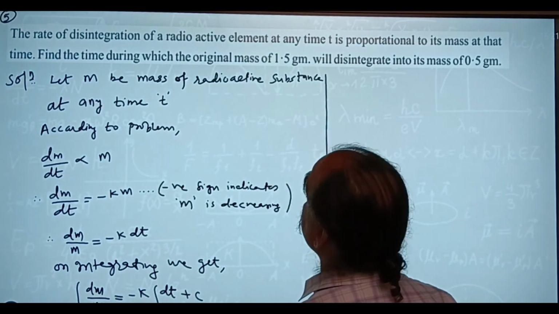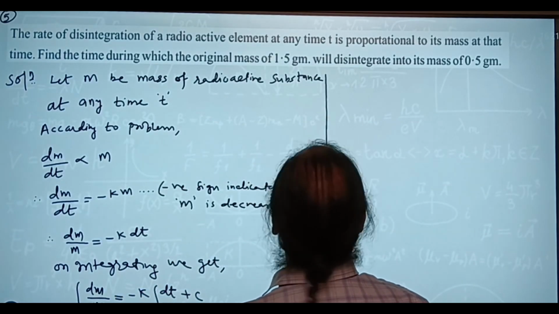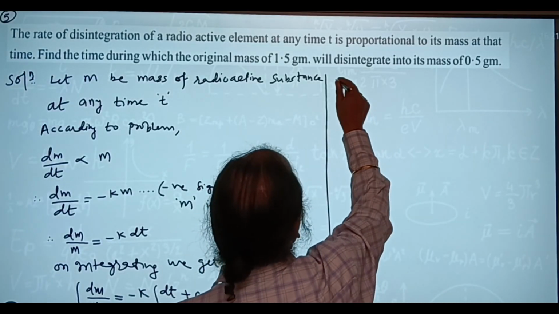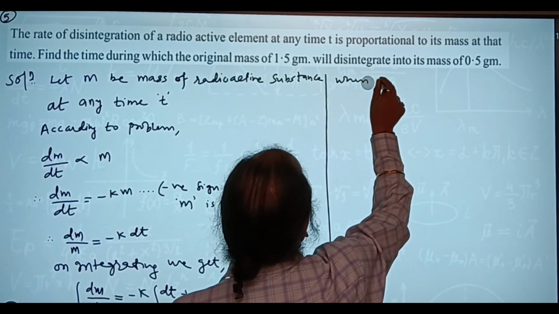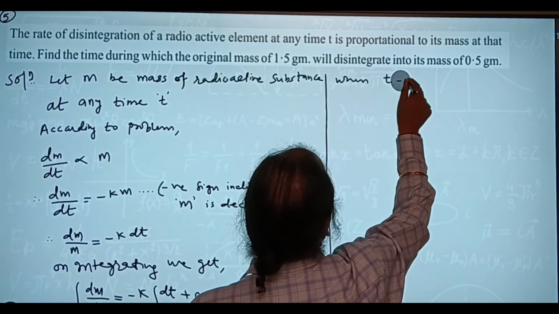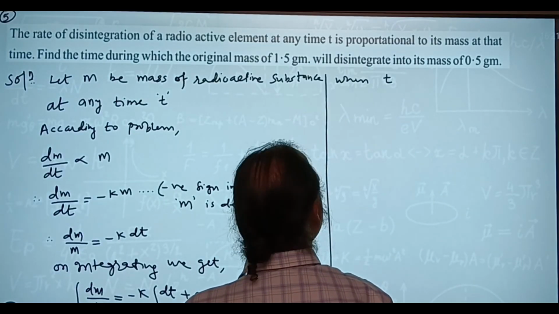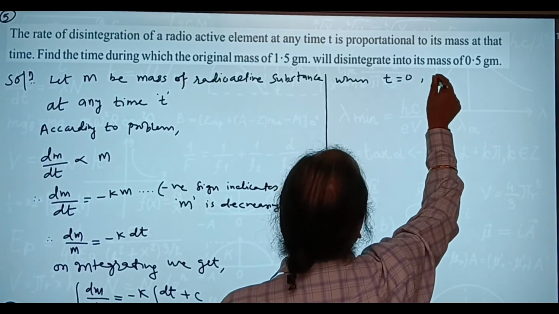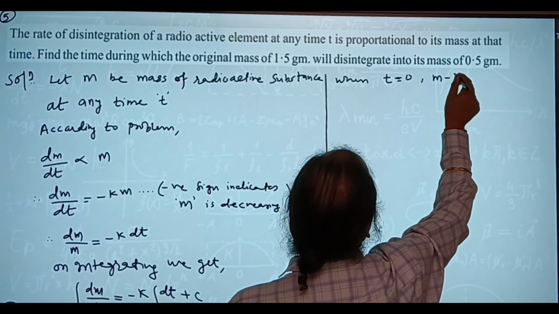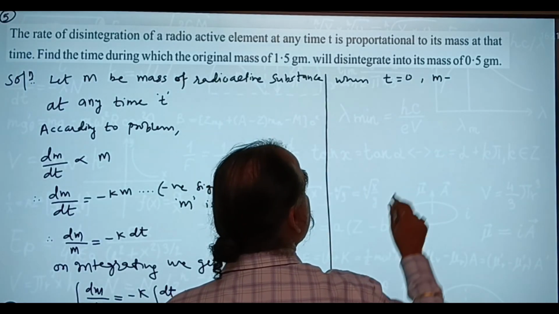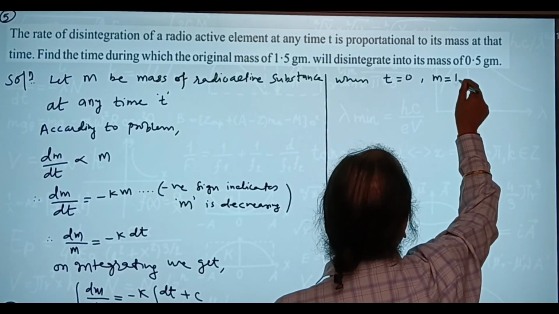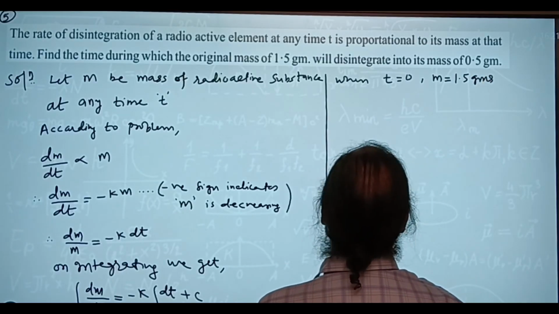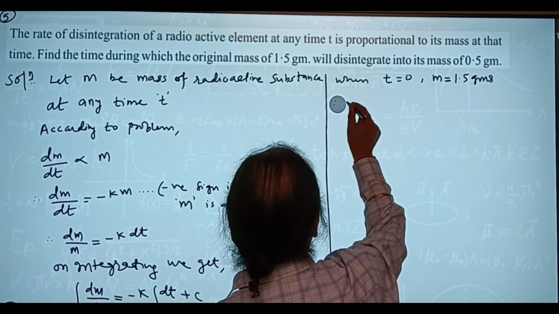What they are saying? Original mass is what? 1.5. When time is 0, m is 1.5 grams.